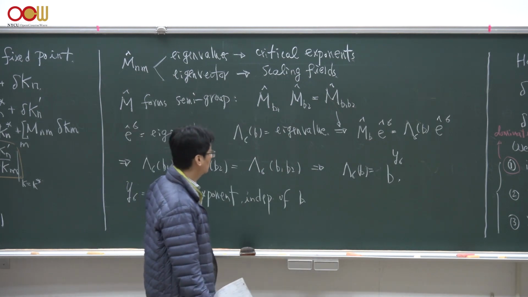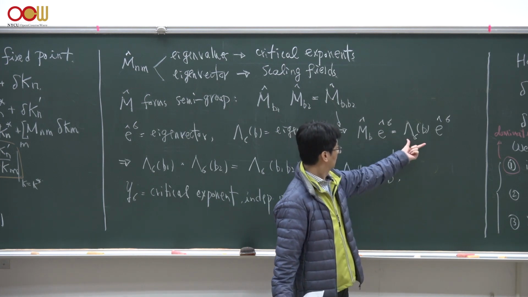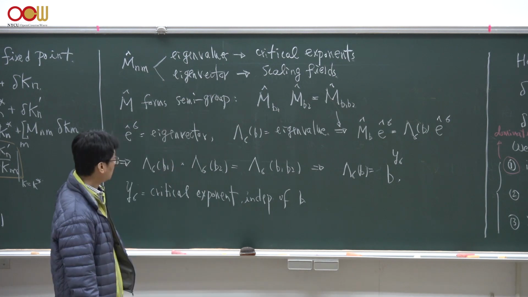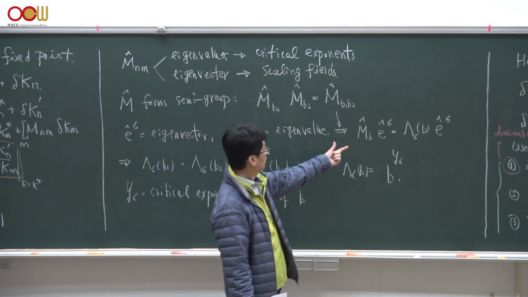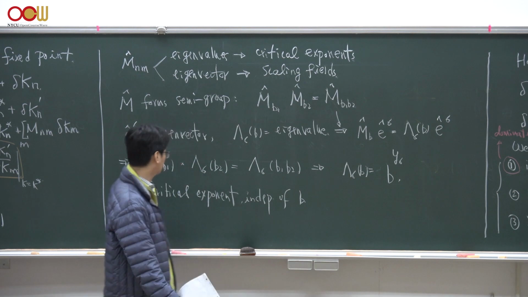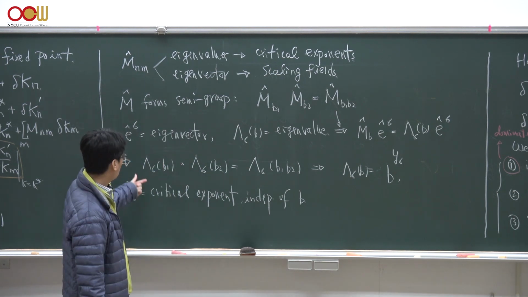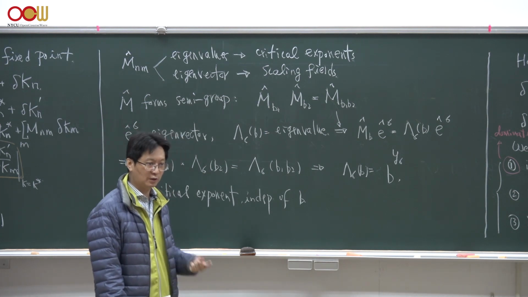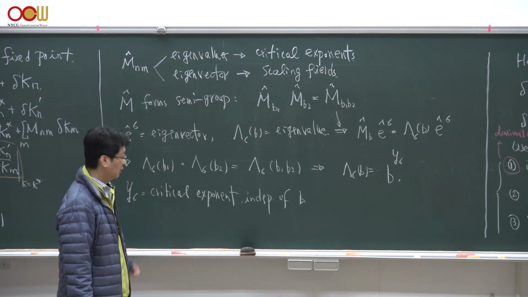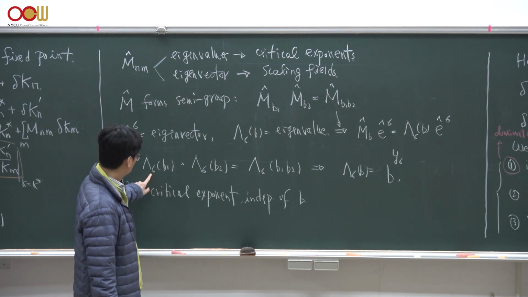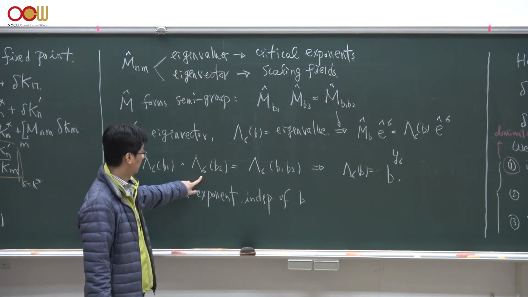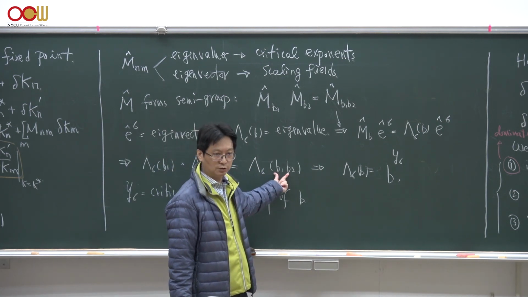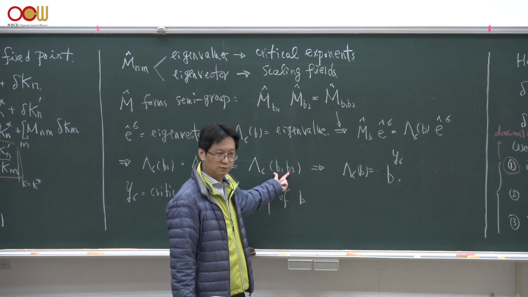So this matrix M acting on this eigenvector gives you this eigenvalue times this eigenvector. So that's the eigenvalue equation. So if I use this eigenvalue equation and plug in this semi-group property, I can immediately get this eigenvalue relation between 2-step RG and 1-step RG. Okay, so you immediately see that lambda b1 times lambda b2 is actually the same as lambda of b1 times b2, so you immediately solve this equation.